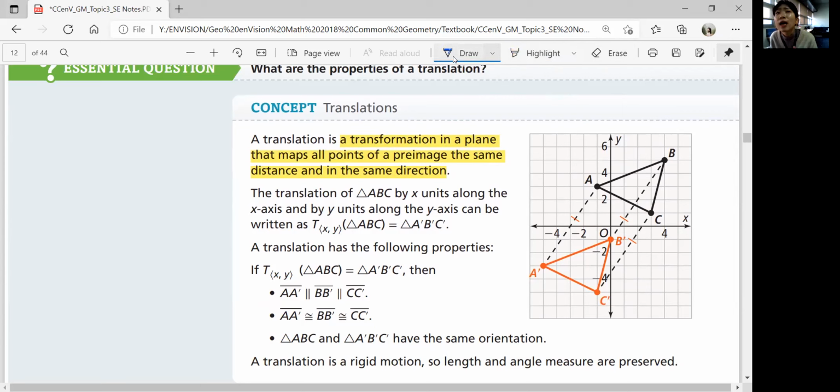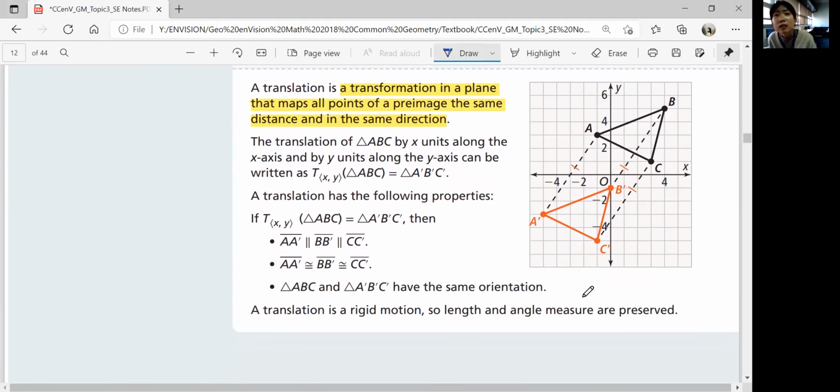So you're going to write how many units you moved horizontally, comma, how many units you moved vertically. If it's positive, you're going to the right or up. If it's negative, you're going to the left or down, okay?